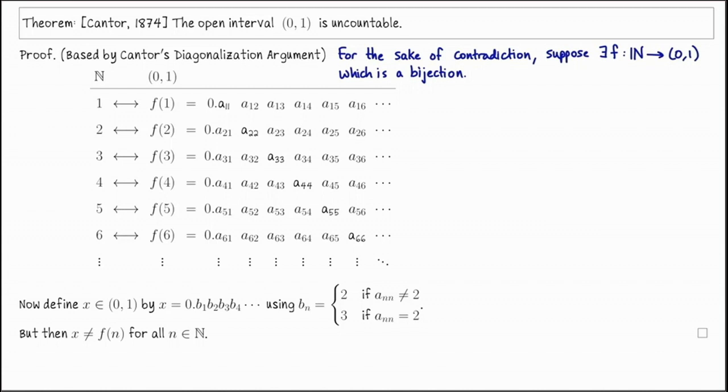To see what this proof is doing, let me guess what the first 6 elements in this listing look like. So I'm going to just put down some decimal numbers between 0 and 1 to take the place of f1 through f6.